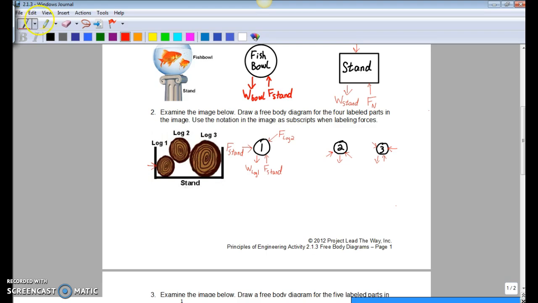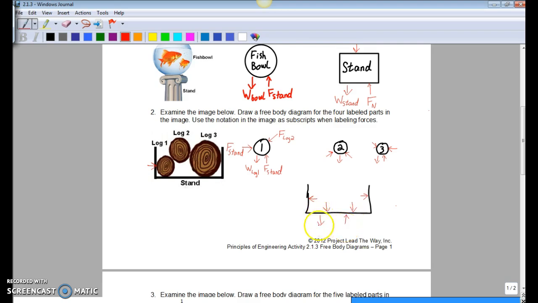The stand itself, if I were to draw the free body diagram for the stand, something like that. Actually, let me make that a little bit wider. Again, I'm not going to label them, but you could see where some of our forces come from pretty naturally. Ones you may not be able to pick up on would be these bottom ones.